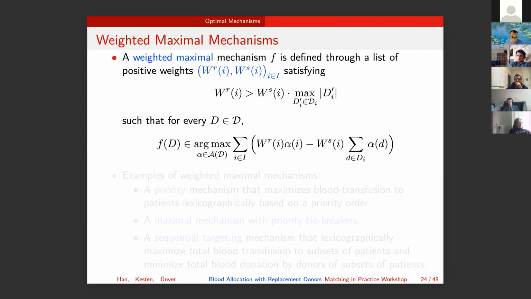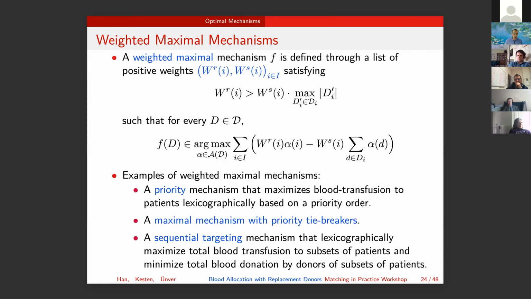Okay, so these include all the mechanisms we've seen in the literature before. A priority mechanism, for example, we talked about this in kidney exchange initially. Recently, Vikram Manjunath and Alex Westkamp have a paper on multi-unit allocation. Although their model is a bit different than ours, they use this kind of priority mechanism, so it's basically lexicographic based on a priority order.